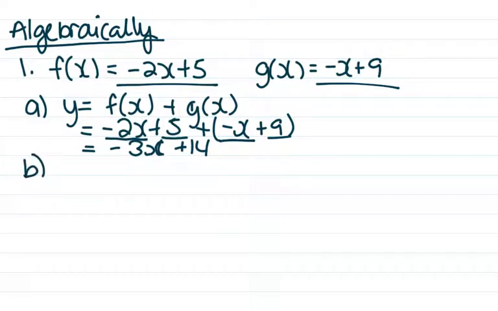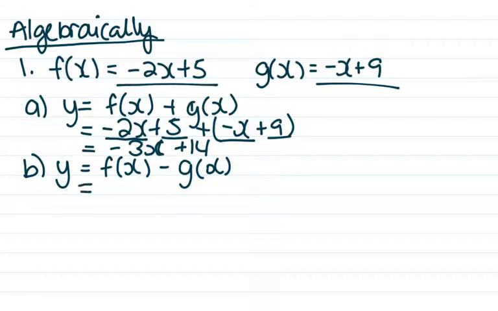Letter B, we're going to subtract them. So y equals f of x minus g of x. So f of x is negative 2x plus 5 minus, and make sure you put the second one in brackets because we're subtracting the entire function, negative x plus 9.